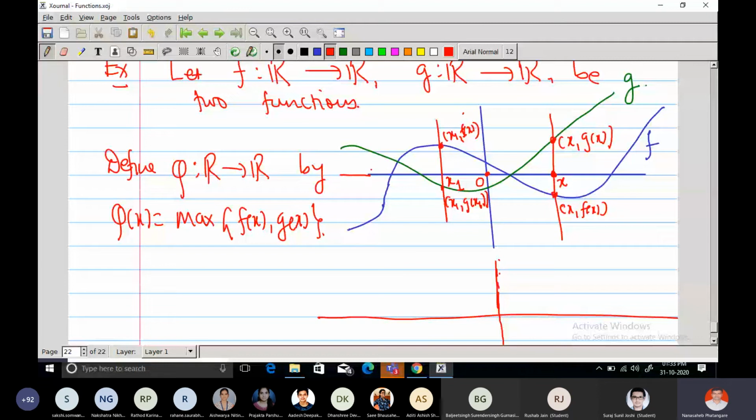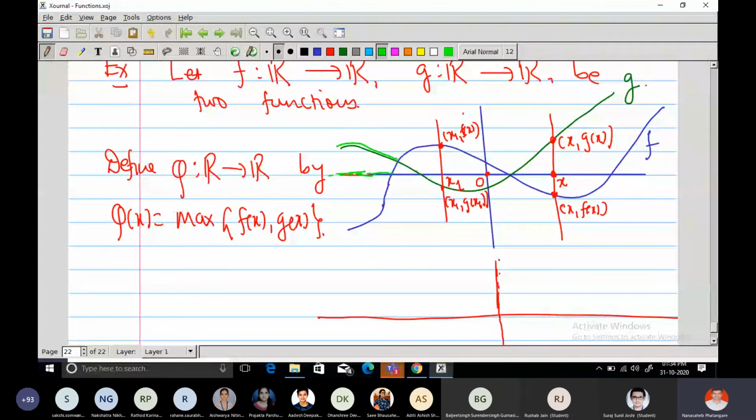So can you tell me what is the graph of phi(x)? Okay, at this x, what is phi(x)? At this x, do you see g(x)? It is g(x), right? And therefore here my phi(x) will be the same as g(x) because g(x) is the maximum.